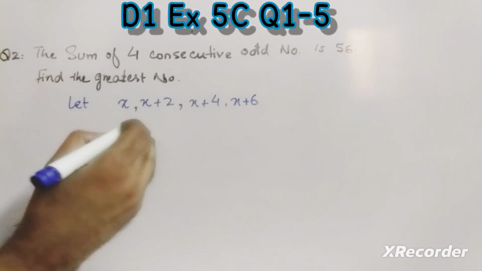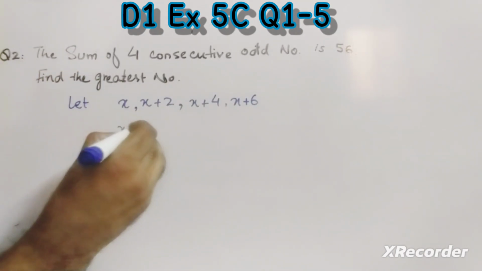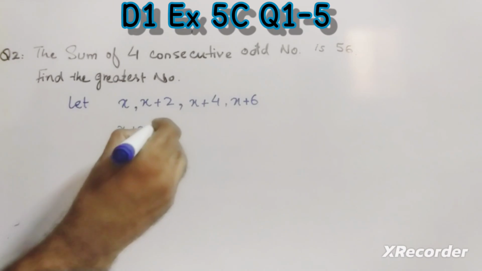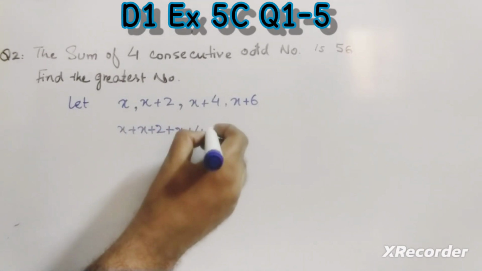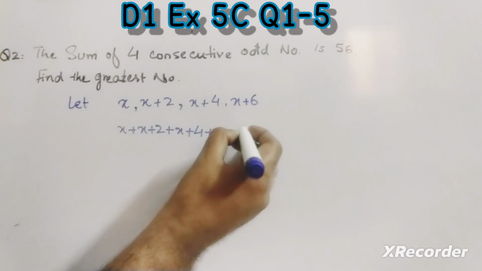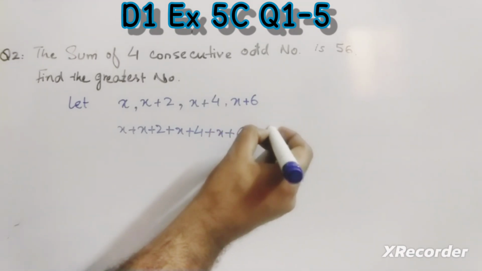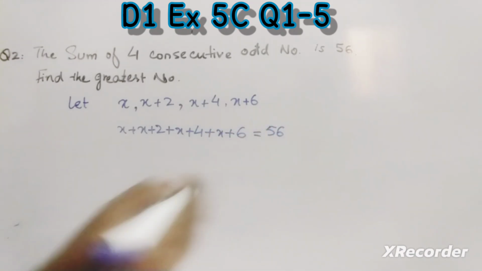And when we get the sum, we get x plus x plus 2 plus x plus 4 plus x plus 6 is equal to 56. That is given.